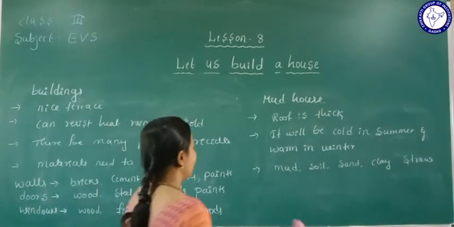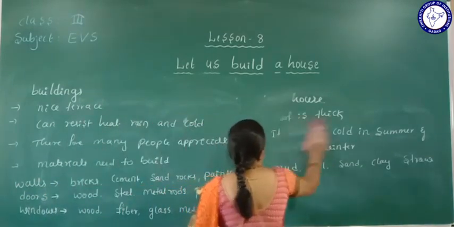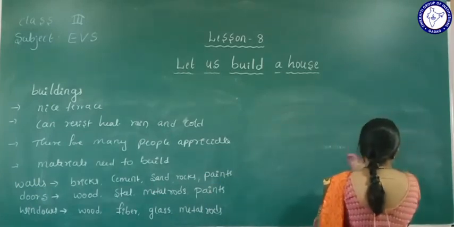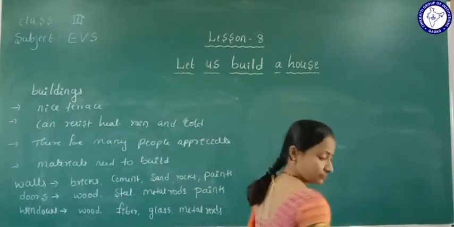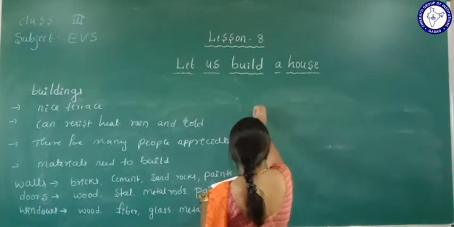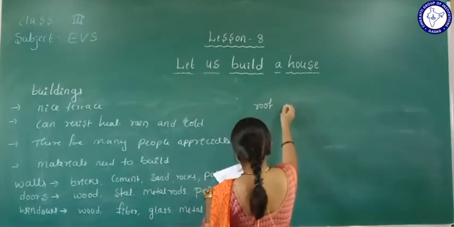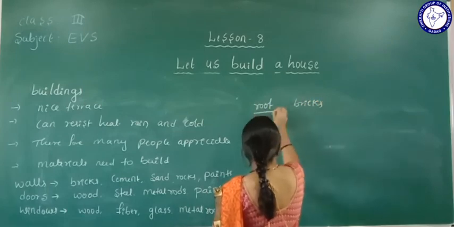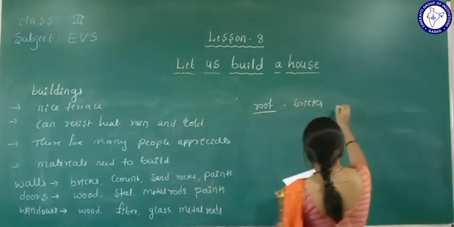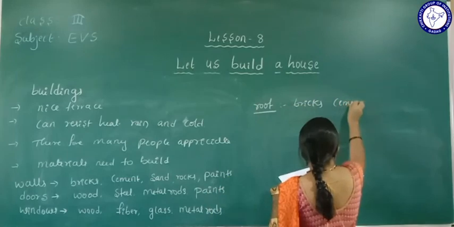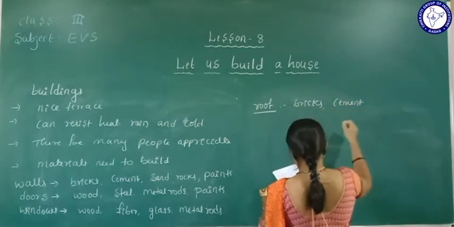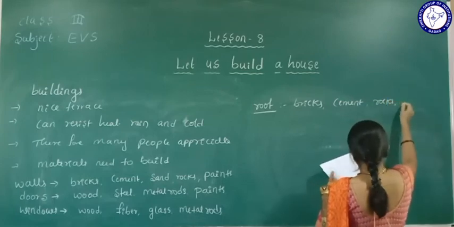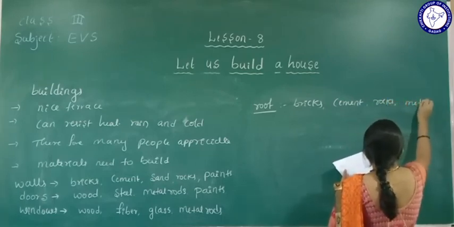Okay, next one, that is the roof. The materials for roofs are bricks, cement, rocks, metal rods.